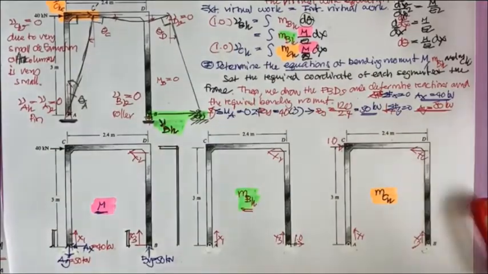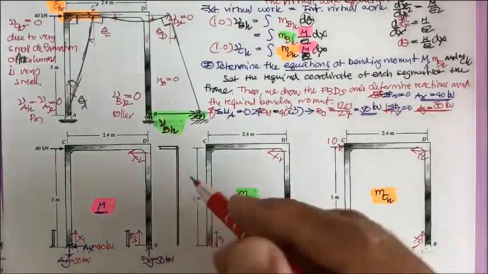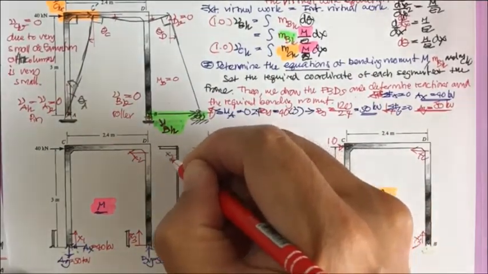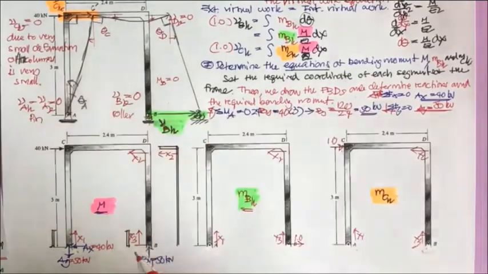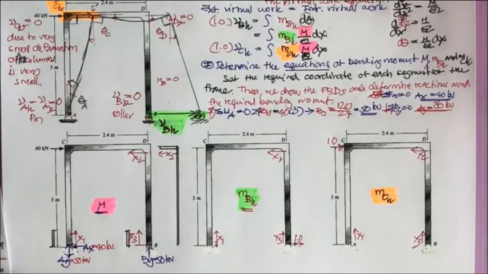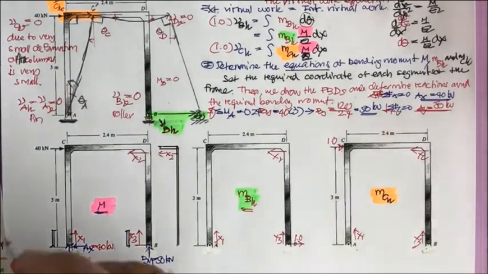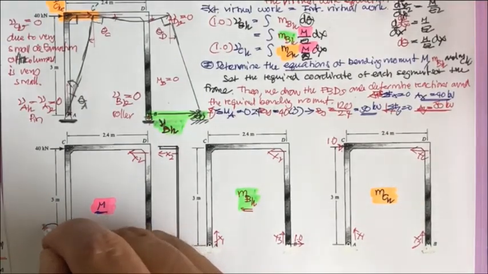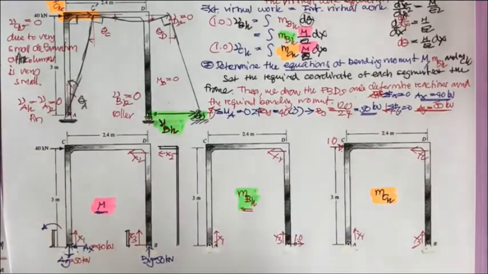Okay, this is x1, this is x2, and let's say this is x2, this is x3. And when you set up the direction of the moment, this setup is going to be used for all of the small m moment.